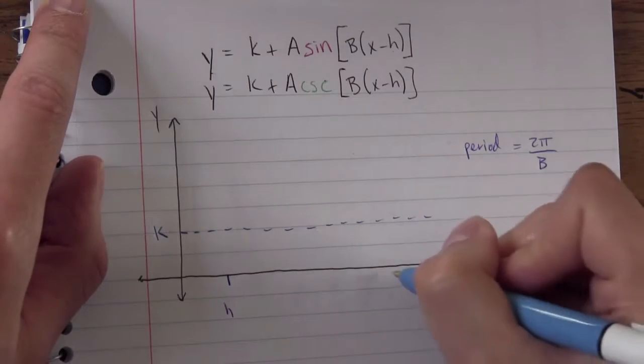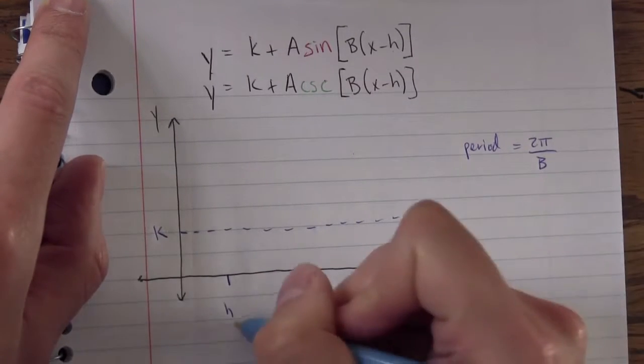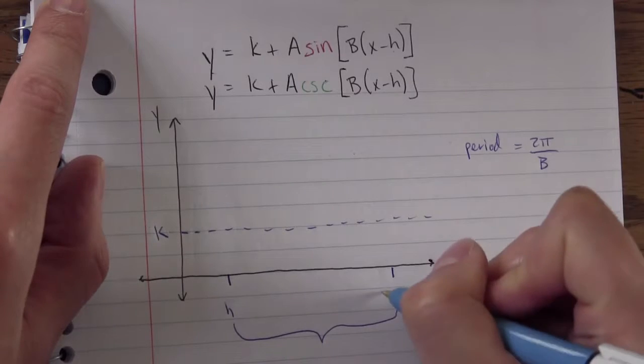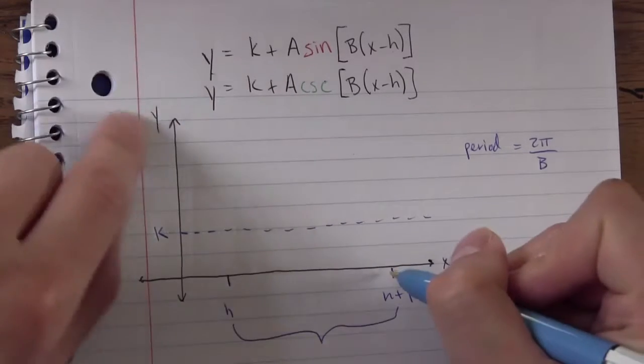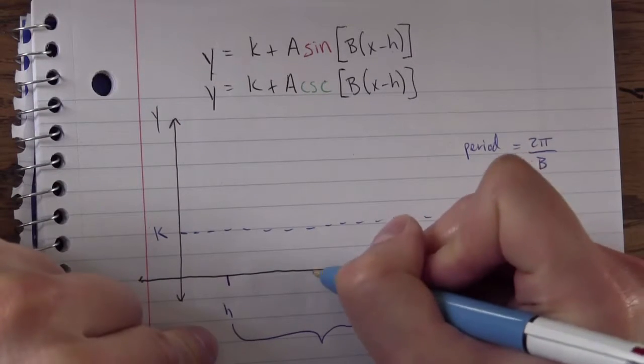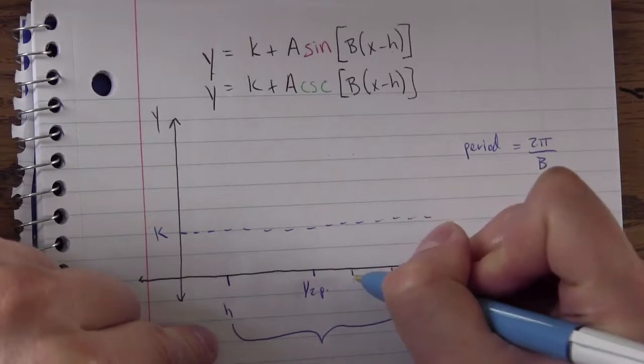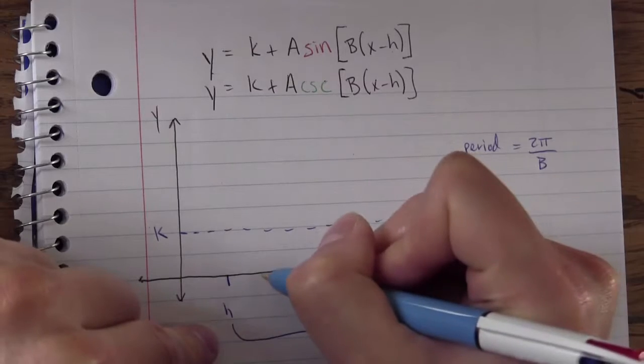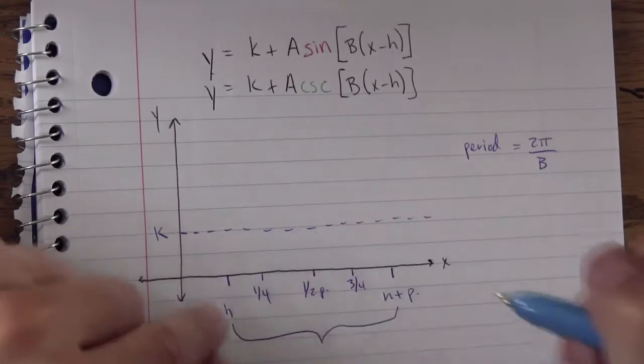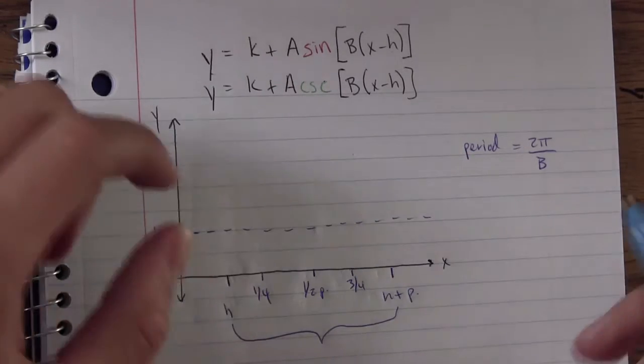Whatever that is, you go to h plus period and drop another point. Then cut this in half, figure out where a half period is, and also figure out where your 3/4 and 1/4 period sections are.